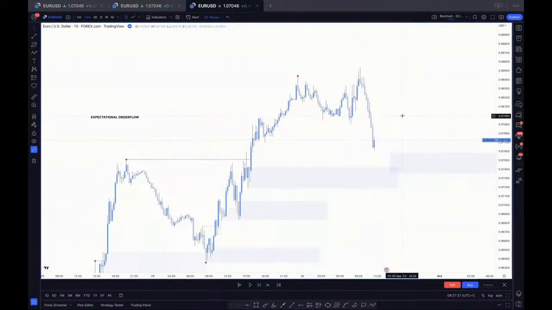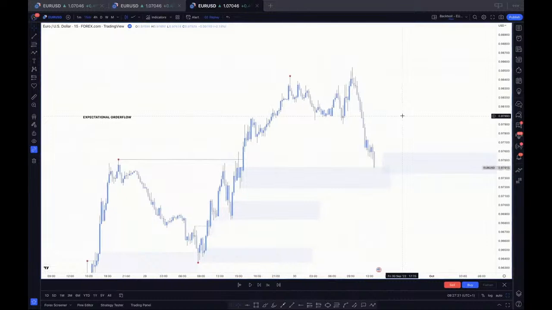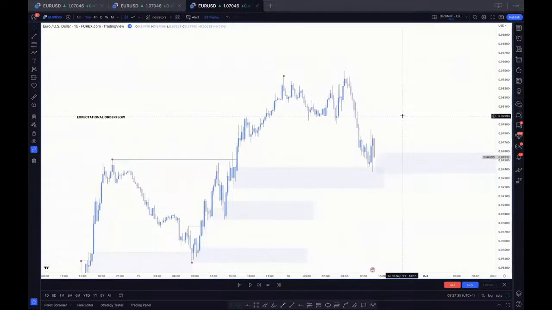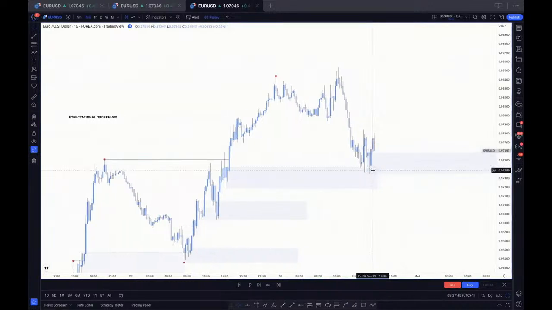So let's continue drawing this. Okay, here we go. I already have some structure drawn there, so you can see, basically we had that there. Now, what do you see? It came to this zone and then it's reacting to price. All right, so let's see.